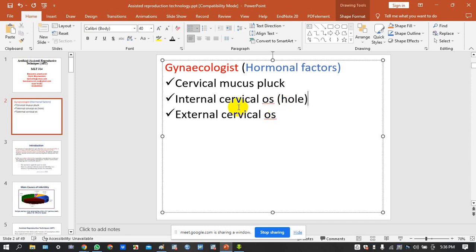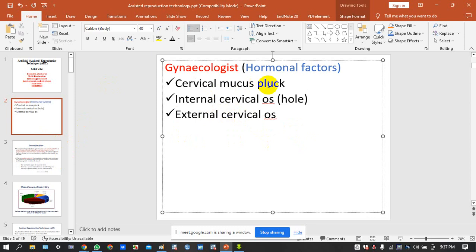So the internal cervical os is a hole that enters the uterus, the uterine cavity, whereas the external cervical os enters the vagina, knowing that the cervix is like a cylinder, and the inside one enters the uterus, then the outside one enters the vagina. So we have the cervical mucus plug.